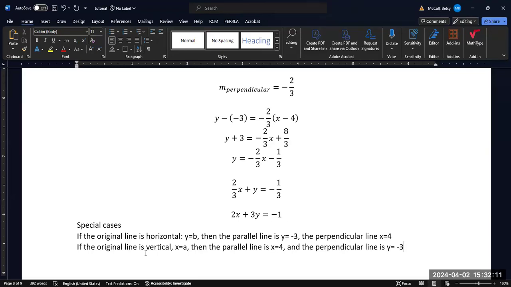Just keep in mind, the equation will have the same form, y equals whatever, but you just have to pass it through the point that is given to you. And the perpendicular one will be the opposite. Simple special case: if you start with y, perpendicular will be x. If you start with x, perpendicular will be y.